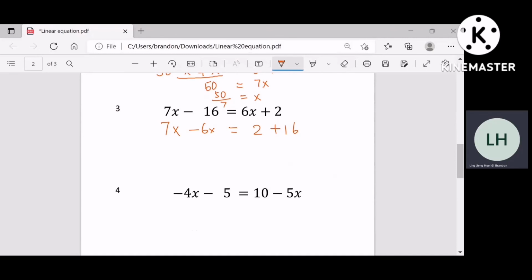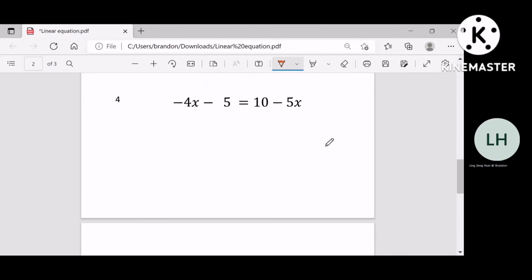Essentially, you are moving 6x to the left side with the addition of negative, and your negative 16, you move to the right side, and you switch the sign into a positive. So you'll be getting 18 equals x.